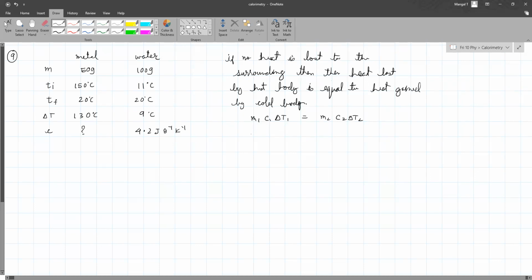Okay, sir. So 50 grams of metal, and let's take this as x, and this is 130, and this is 100 into 4.2 into 9. So x will be 100 into 4.2 into 9, and this is 50 into 130.